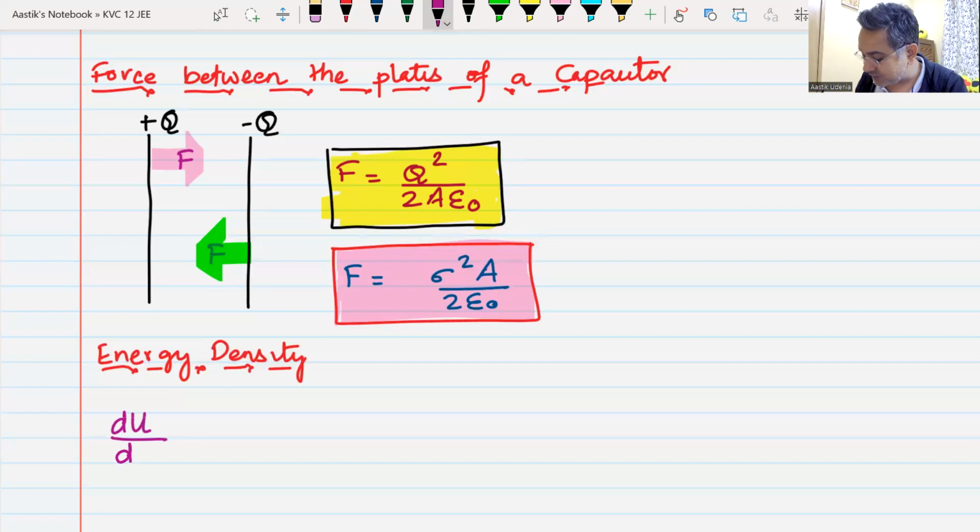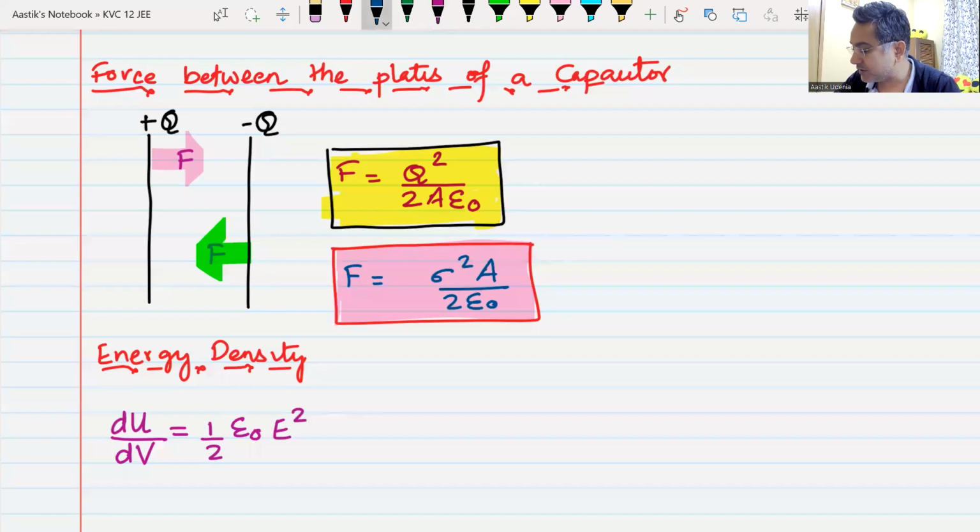Do we remember this energy stored per unit volume in an electric field? What was the formula of energy density? The formula was half epsilon naught E square.